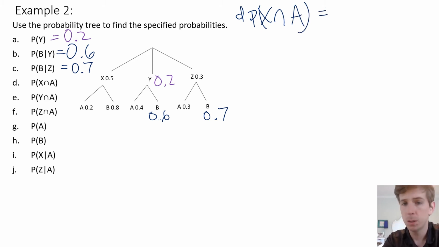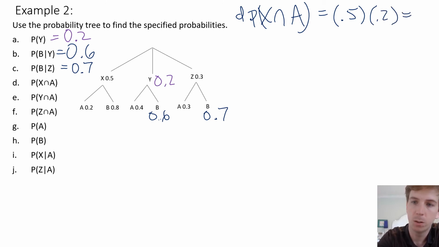This is actually quite simple. All you have to do is multiply down the branches for X and A. In this case, we know X is 0.5, and we know A given X is 0.2. So 0.5 times 0.2 equals 0.1.